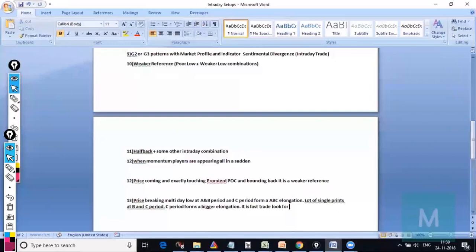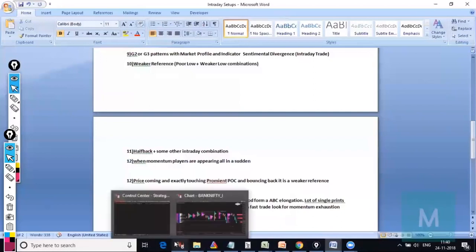Look for momentum exhaustion. You have to look for momentum exhaustion, of course, or a confirmation from order flow, some sort of hammer pattern. We talked about this, and some time back it was there in Nifty, right?